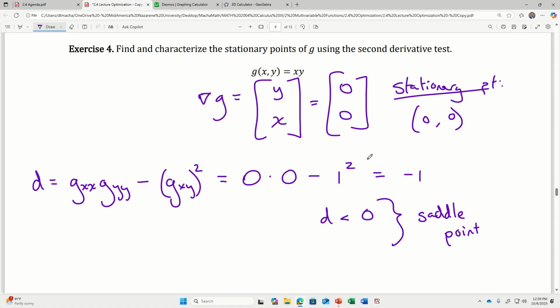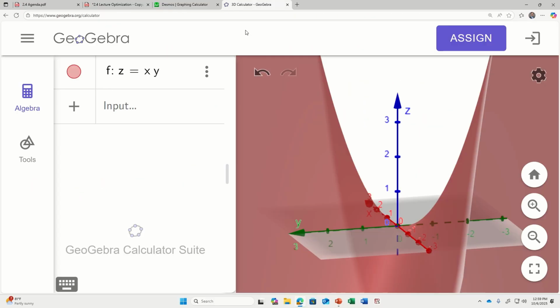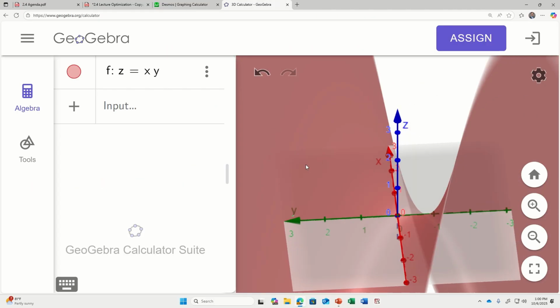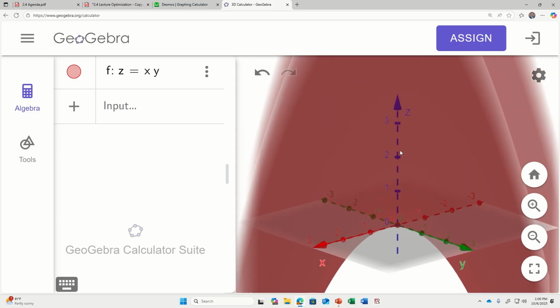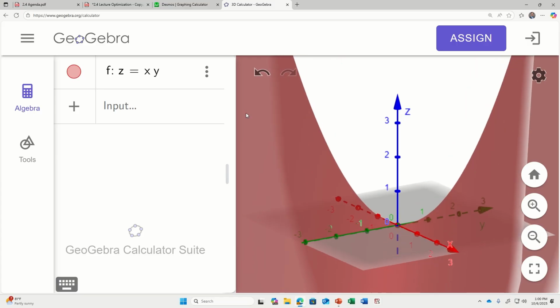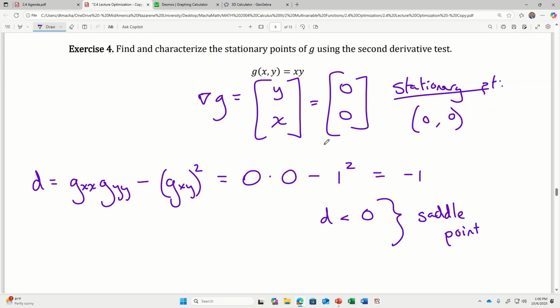Because there's really nothing happening in this function strictly in the x direction or strictly in the y direction. All of the stuff was happening at like a 45-degree angle from the x and y axes. And so how do you account for that? When your function is super boring in the x and y directions, but all the interesting stuff happens in between, that's where this term comes in.